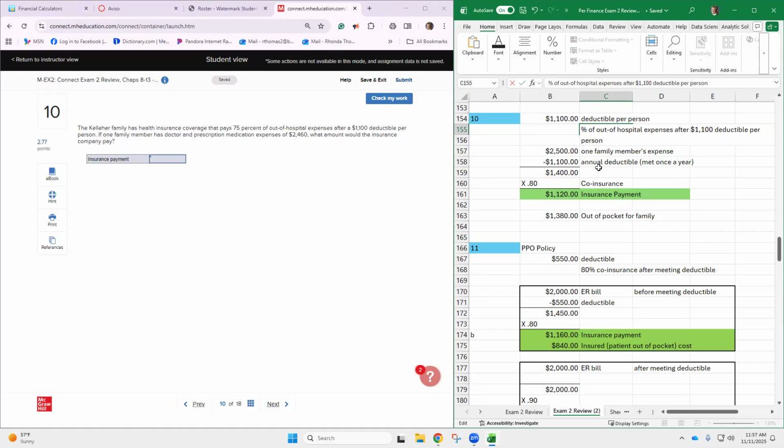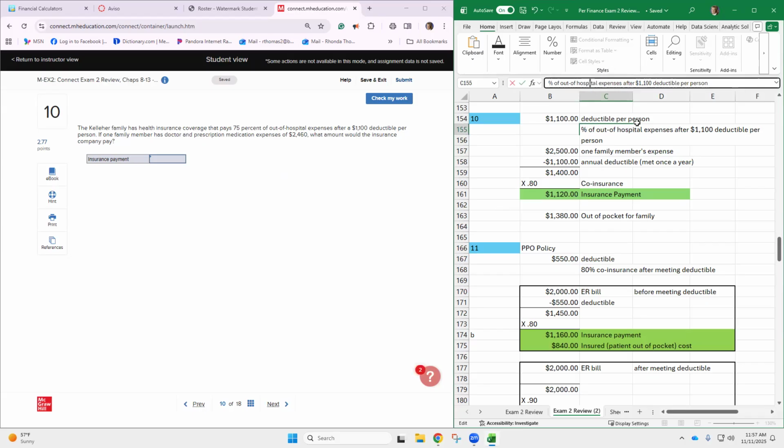Now this one says out of hospital, the coverage that pays 75% of out of hospital expenses. I think that's supposed to be out of network. Yeah, I think they've missed that word there. I'm going to put out of network, but it doesn't matter.